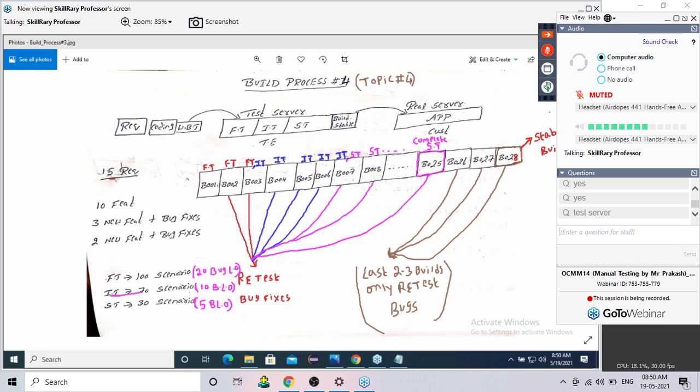Suppose I am not able to send a mail. This was a bug which I found. I'll report it to the developer. After the developer does the code changes, retesting means you again try to send a mail and check whether it is working or not. That is the meaning of retesting. It's a straightforward English word. That is called retesting of the bugs.